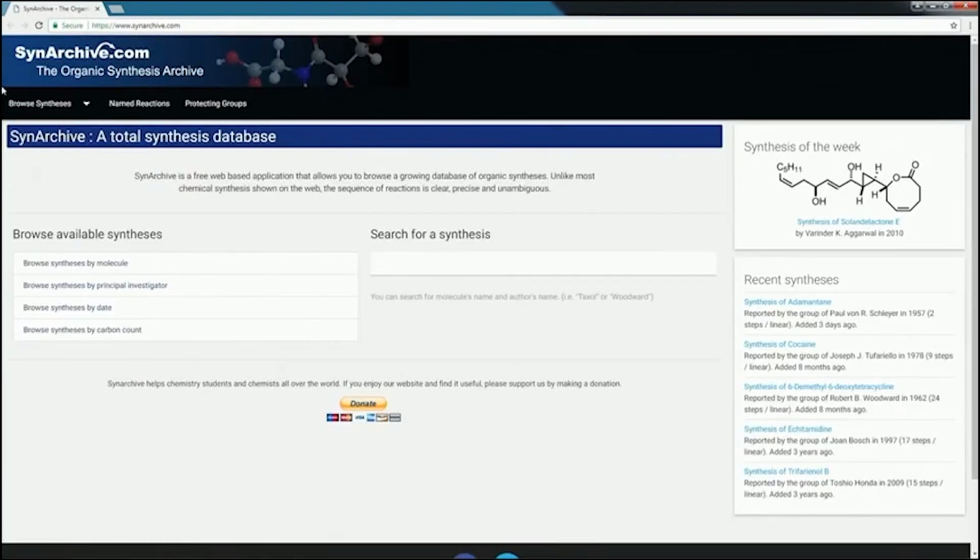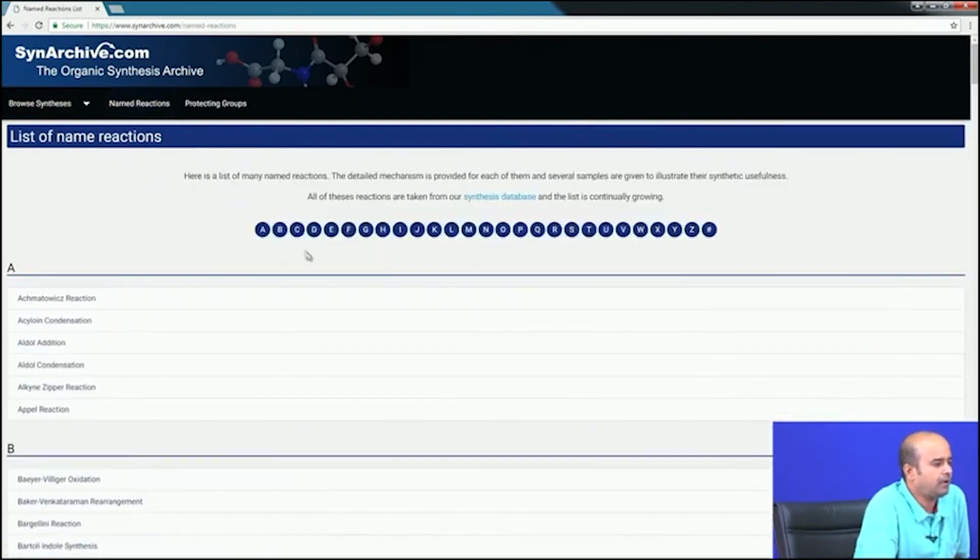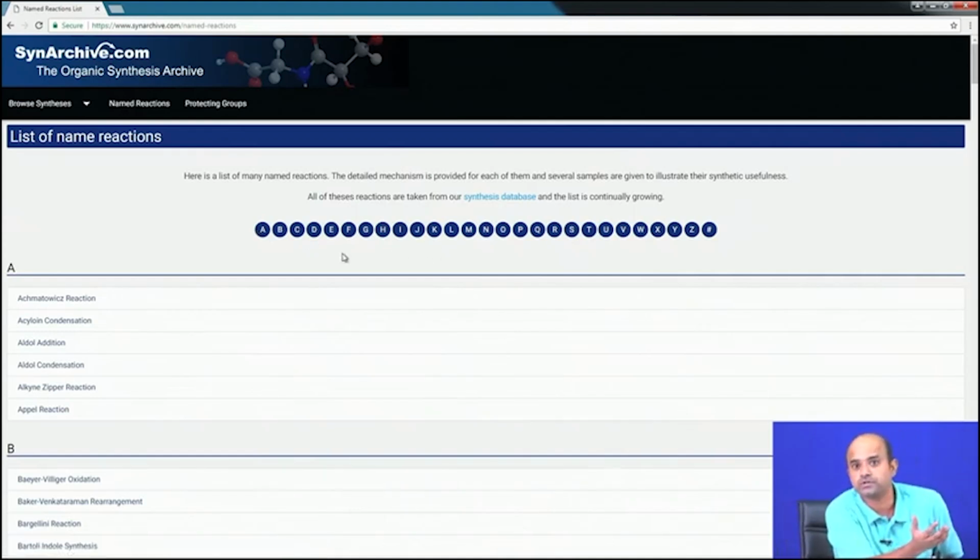You can get the different name reactions, just click it, just click on the different name reactions, you will get all name reactions which are basically potentially good transformations.